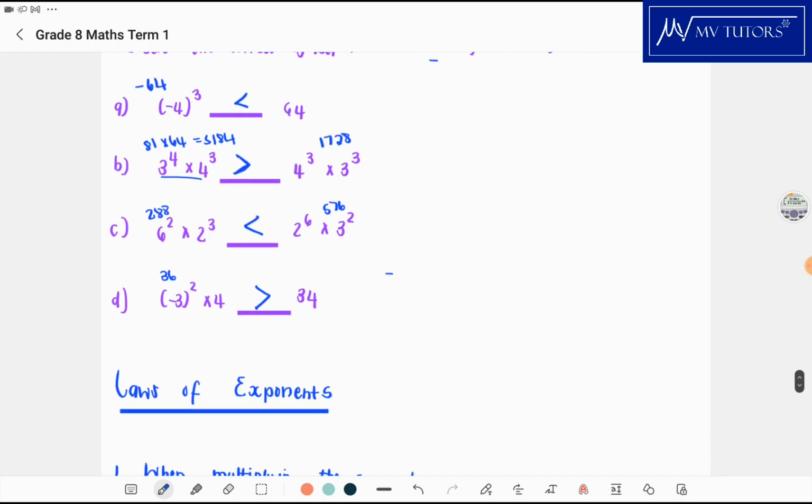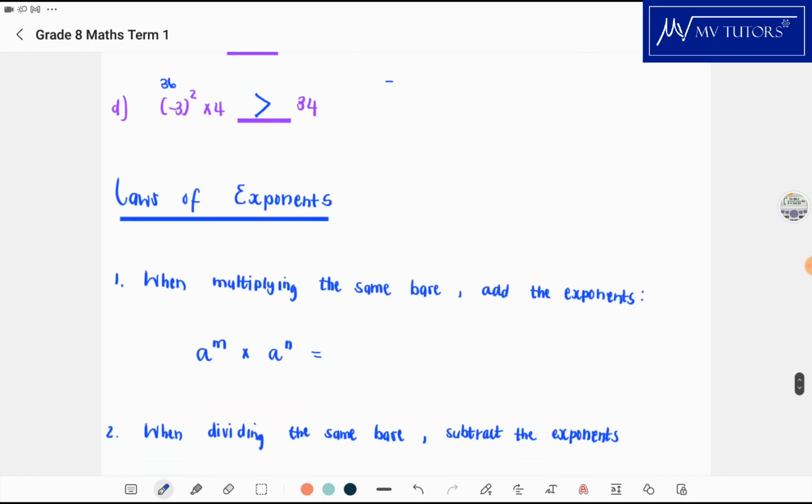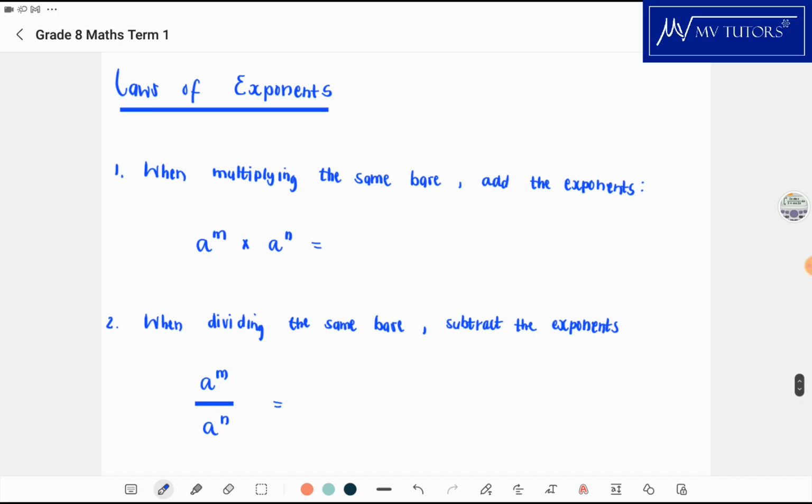And then now we are getting to the laws of exponents. It's very important to understand these laws so that you can apply them and it makes life a little bit easy. Okay, this is the last part we're going to look at while we are dealing with exponents. Okay, so the first law of the exponents basically says when multiplying the same base, you add the exponents.